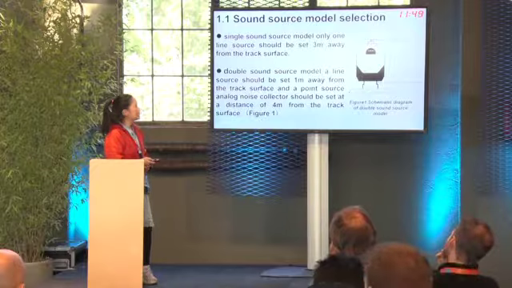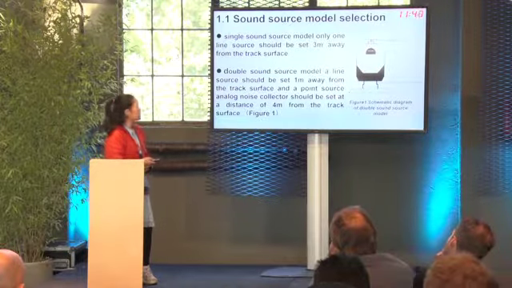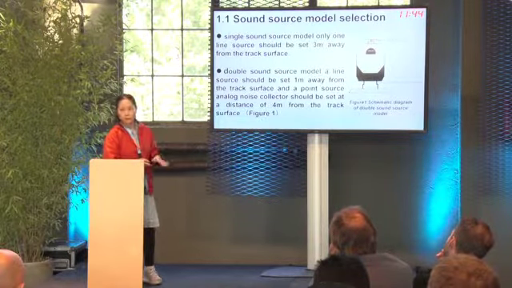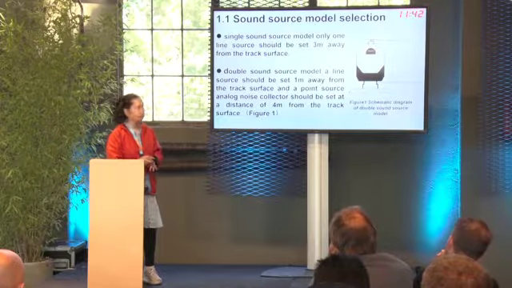There are two models, single sound source model and double sound source model. In the single sound source model, only one line source should be set 3 meters away from the track surface.